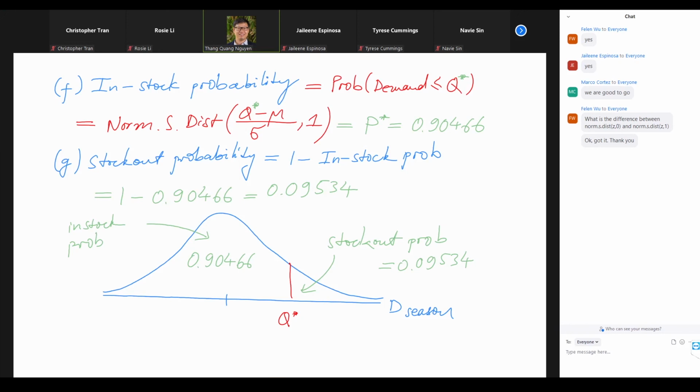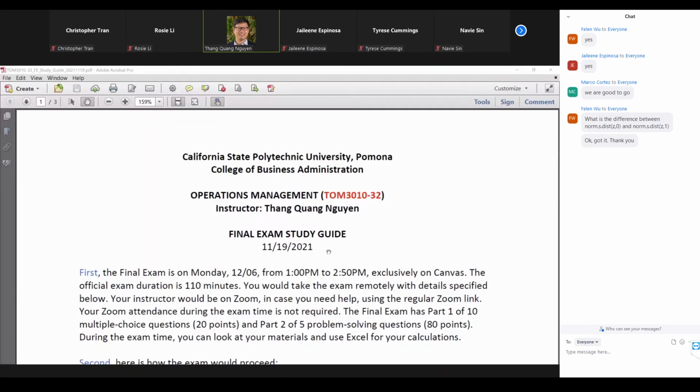Okay, so with that, I would like to move up to the preparation for the exam right away. Let me share that with you. We have a very short time left. Okay, so our final exam is next Monday, December the 6th, from 1 p.m. to 2:50 p.m., right? But actually, you can start the exam at 12:55 or 5 minutes earlier than 1 p.m., right?